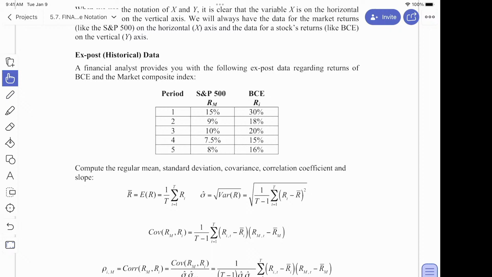One is a variable, the returns on the S&P 500, which is an index that tracks the top performing firms through their stock and is a reflection of how the economy is doing. But these are just risky assets, they're known as risky assets, being stocks. So the other column is just a particular company, BCE, and its returns.